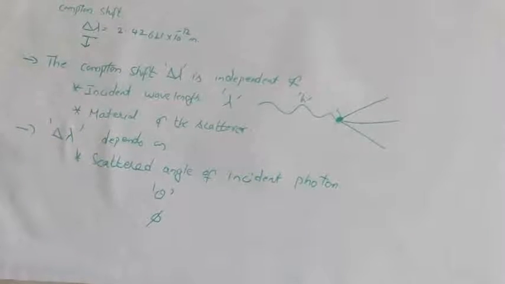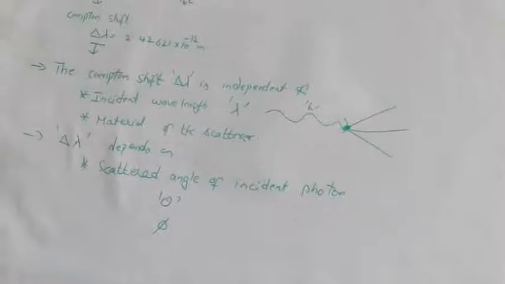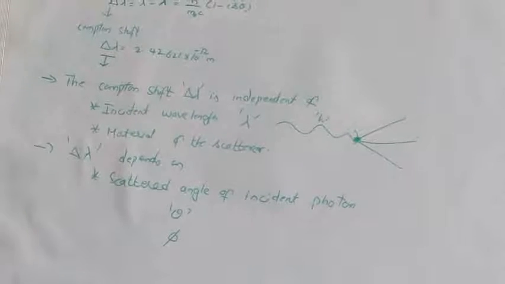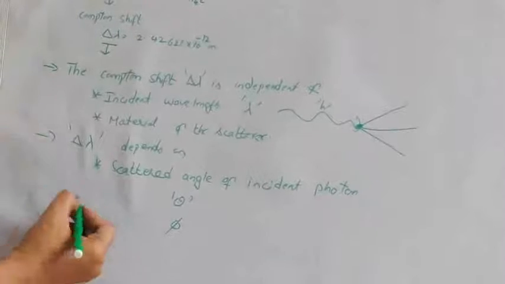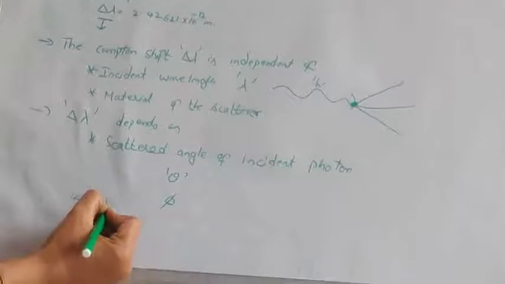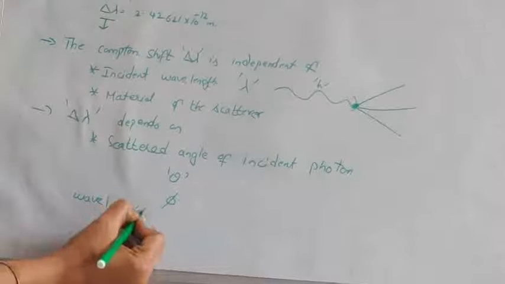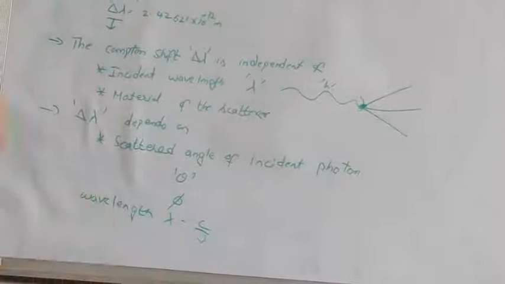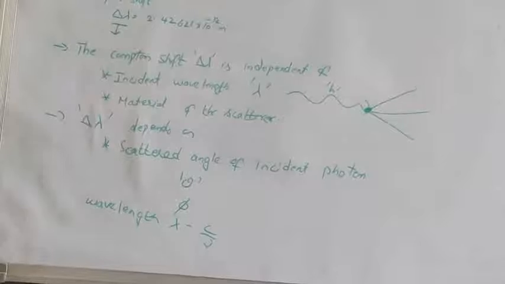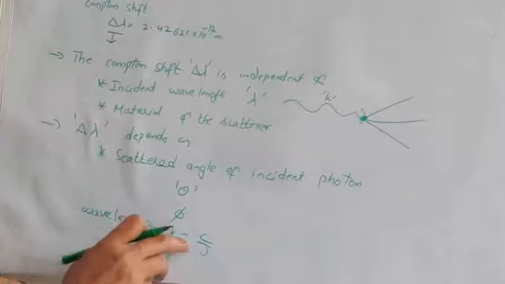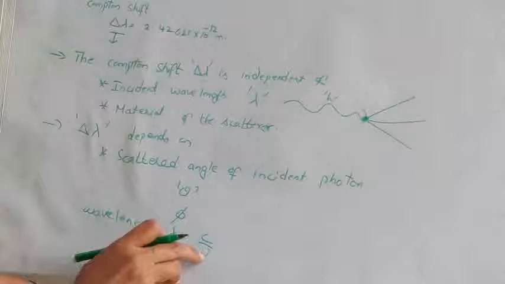Now, here, as we know that it does not depend upon the wavelength, since we know that wavelength lambda is equal to c by nu. So just I am writing, here we know the lambda value, lambda is equal to c by nu.